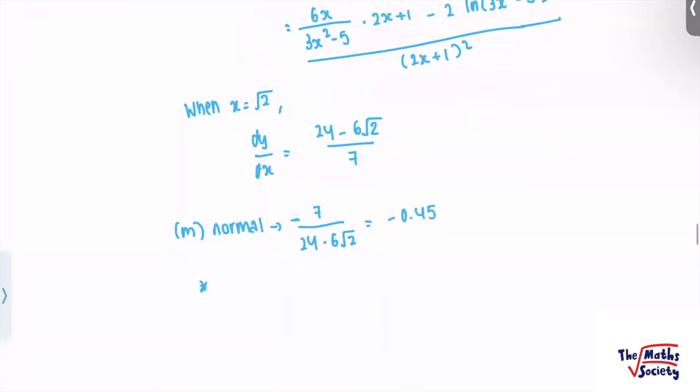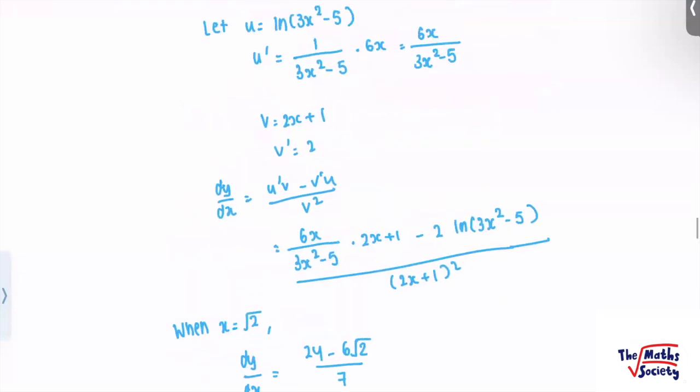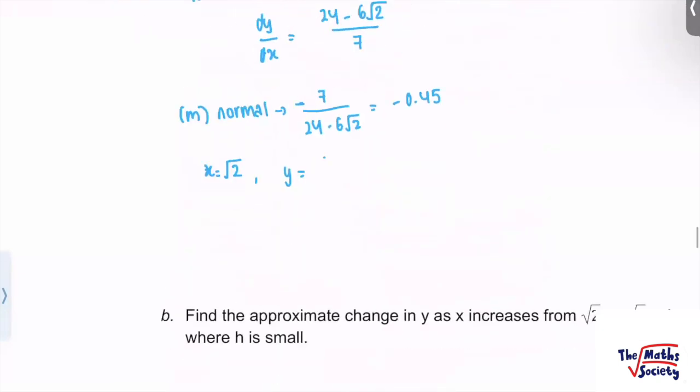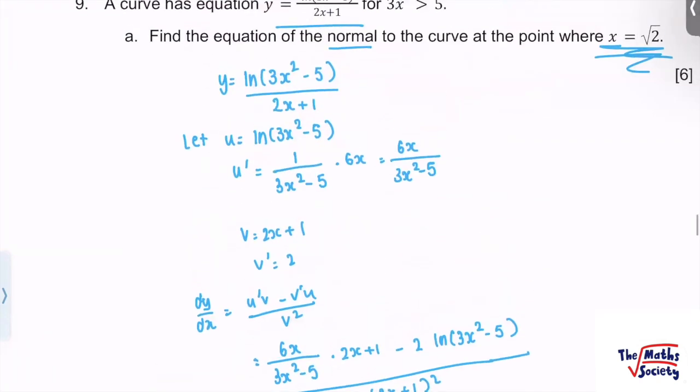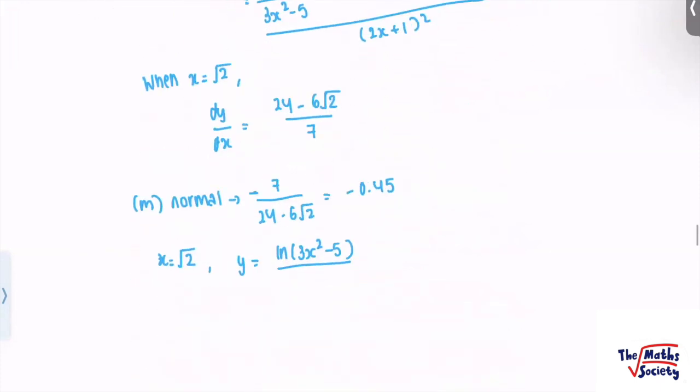And when x is equal to root 2, you have to find y. Y was equal to ln 3x squared minus 5, divided by, I think it was 2x plus 1. Yep, 2x plus 1. So at root 2, you'll have ln 1 over 2x plus 1, that's equal to 0.